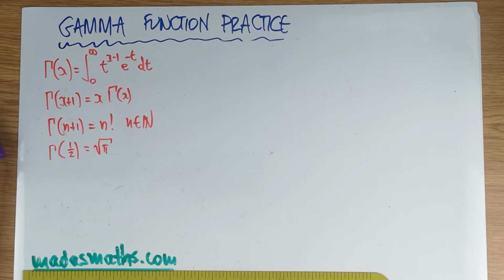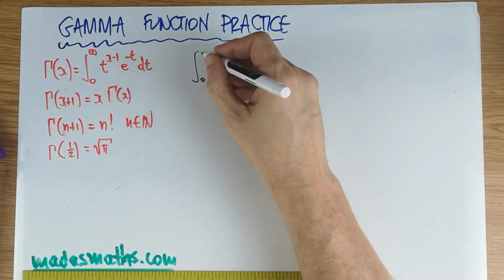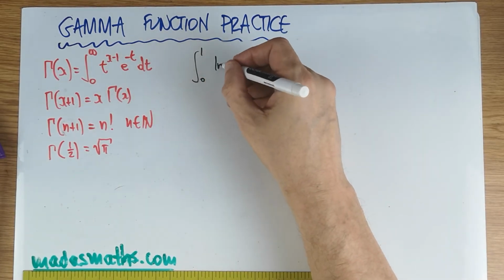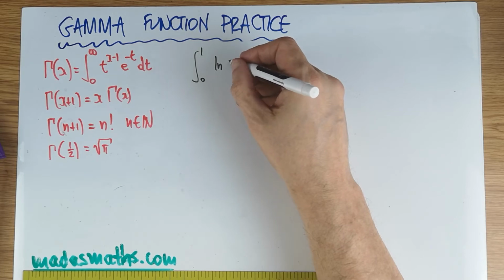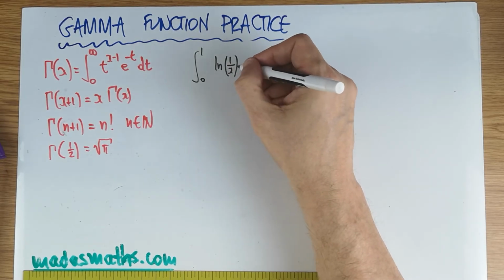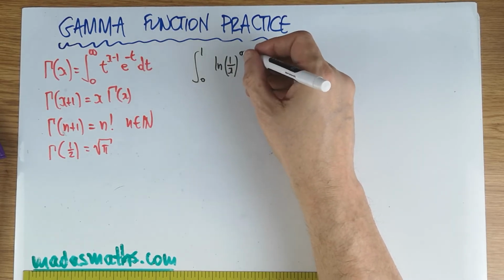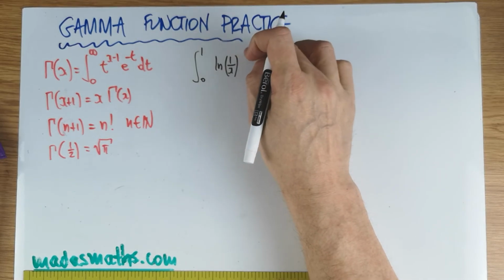This will be different in terms of techniques in integration. By using techniques involving the gamma function, find the exact value of this integral. Let's write it down. 0 to 1 log of 1 over x to the power of a minus 1. I'm already making a mistake here.